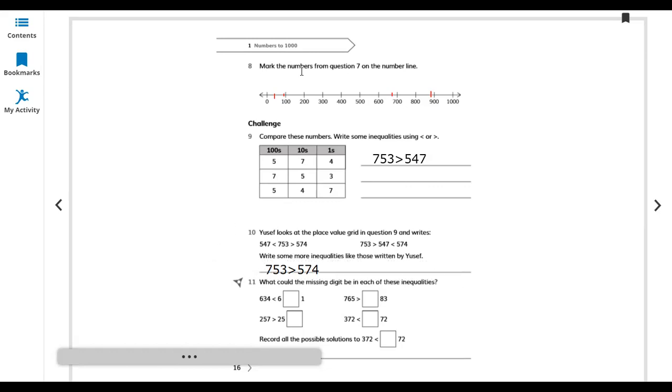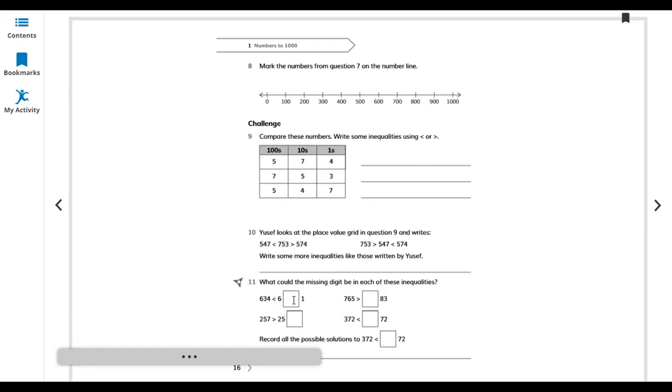Question number 11. What could the missing digit be in each of these inequalities? So this is 634. What about this 634?